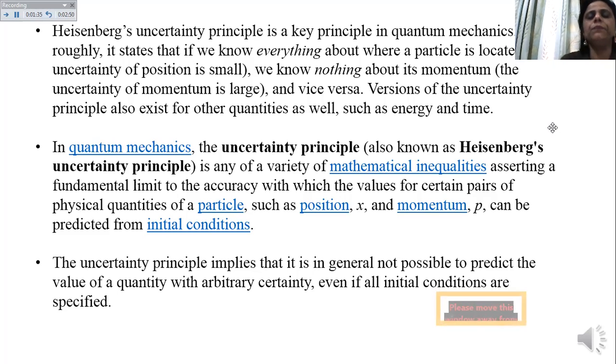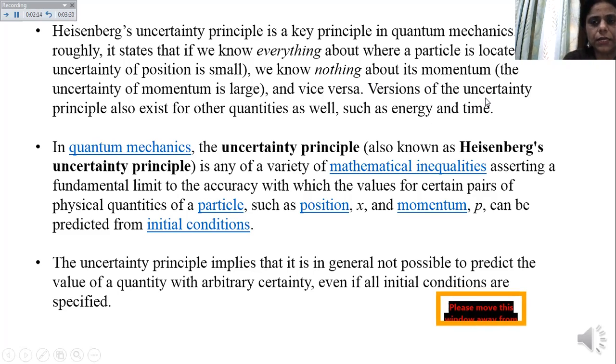For example, if we know the position of the particle and the uncertainty about it is very small, means we are almost sure where the particle is, then the uncertainty about its momentum, that is its mass and velocity, is very large. And vice versa. It means if the uncertainty about its momentum is very small, then the uncertainty about its position is very large.